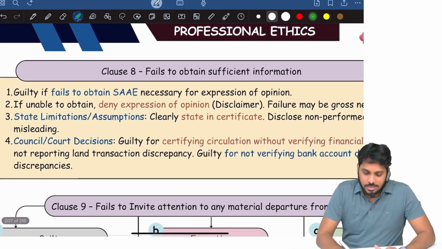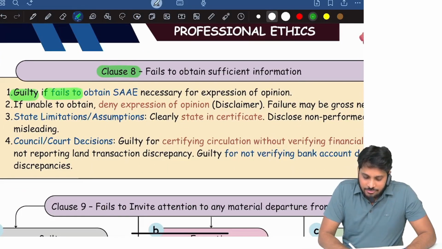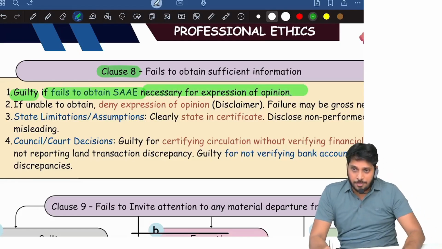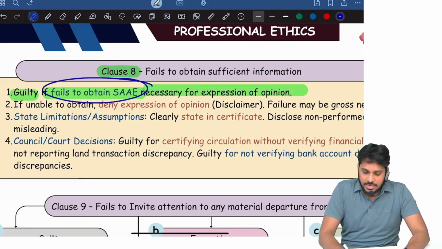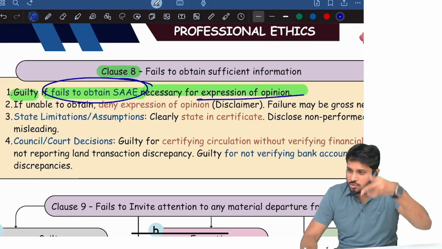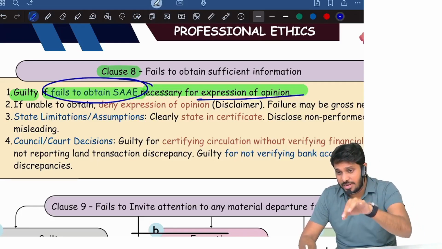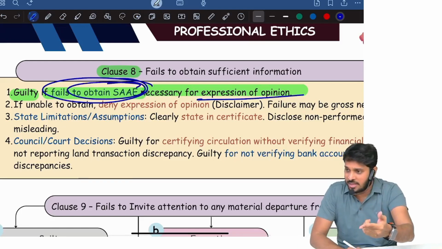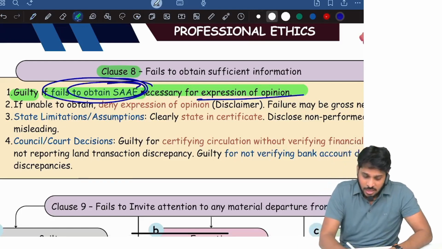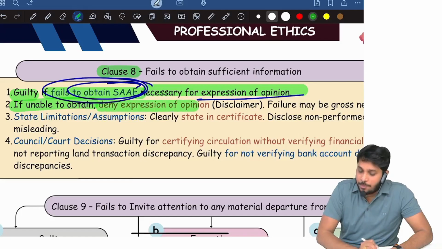Then clause number 8, guilty if he fails to obtain sufficient appropriate audit evidence which is necessary for expression of opinion. Without obtaining evidence, you gave the opinion. Clause number 2 also says the same. What does clause number 2 say? Without examining the financial statements, you are signing. Without examining means what? Without obtaining evidence. Correct? If unable to obtain, you deny opinion.